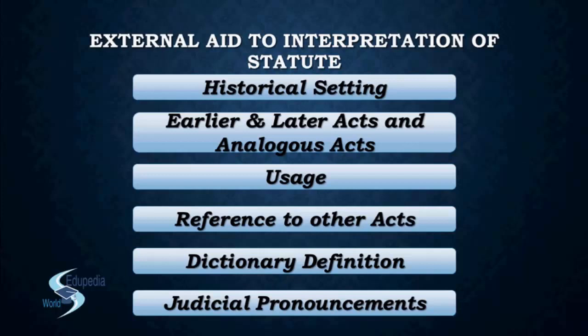So basically now it is a challenge for you, or the question for us, as to what are the actual interpretational aids that we follow. Or instead the correct question would be, what are the actual interpretational aids that we should write in our examination, right? So basically this is a question.